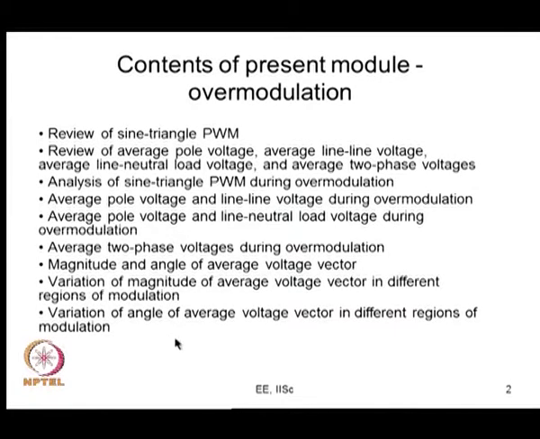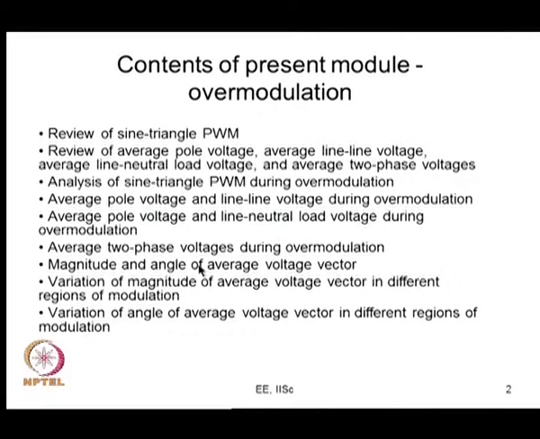Subsequently, when we come closer to 6-step operation, the angle also starts varying significantly. The angle no longer moves linearly with time. The angular velocity is sometimes 0 and sometimes faster than the fundamental angular frequency. So the angle versus time appears to be a piecewise linear function; that is what we saw.